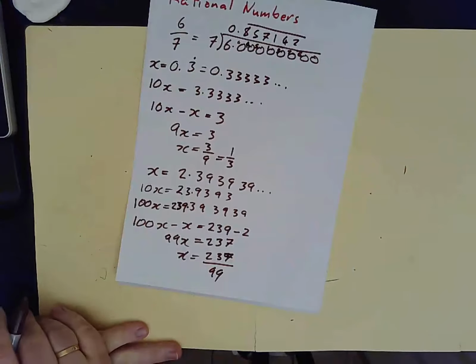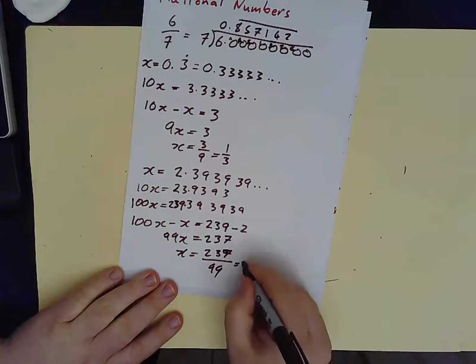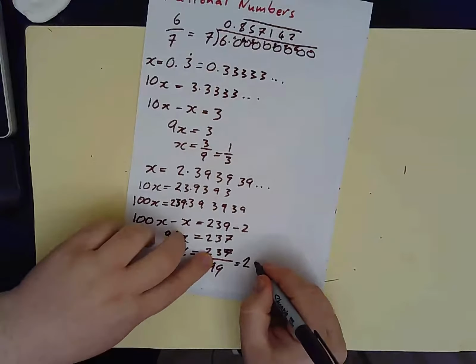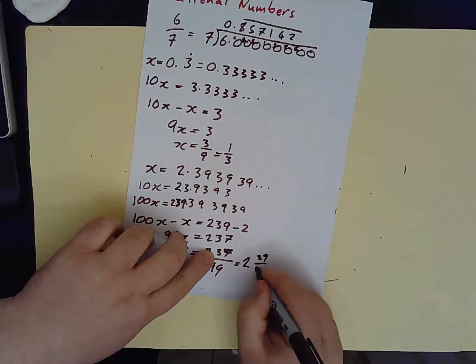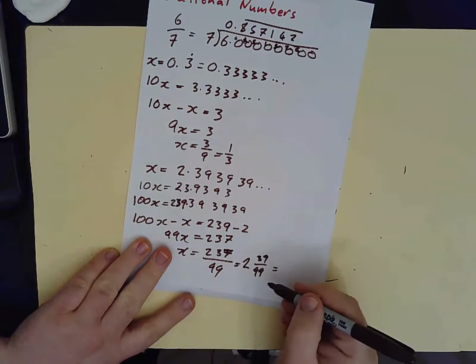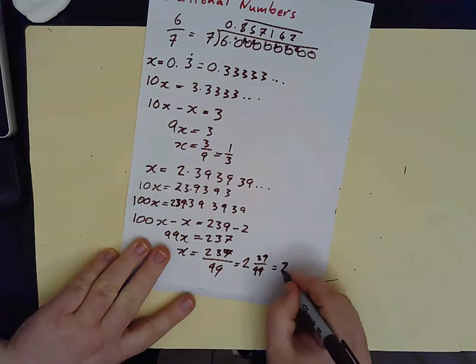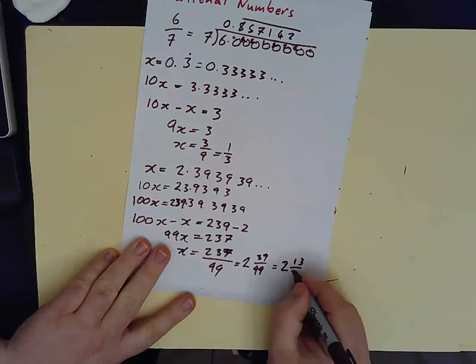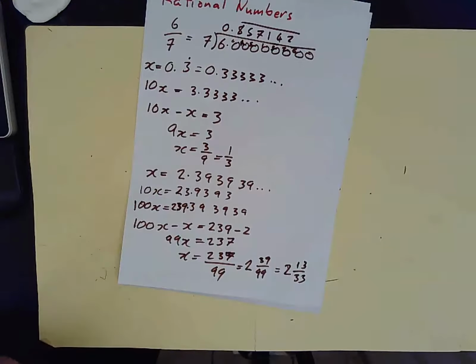Now, if I really wanted to, I could write that as 2 and 39/99ths. And I can even simplify both of these, both top and bottom divided by 3, so I get 2 and 13 over 33 in this case. And that's our general approach for all of these.